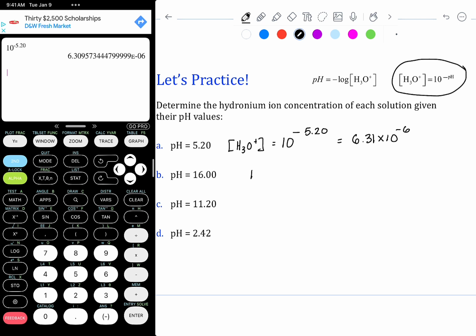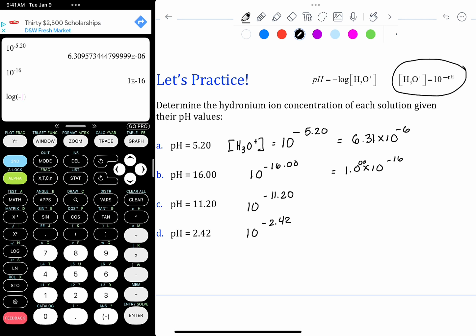So again, this just becomes 10 raised to the negative 16, 10 raised to the negative 11.20, and 10 raised to the negative 2.42. So second log negative 16, we get 1.0 times 10 to the negative 16. I think this should have 2 extra zeros on there for sig figs.